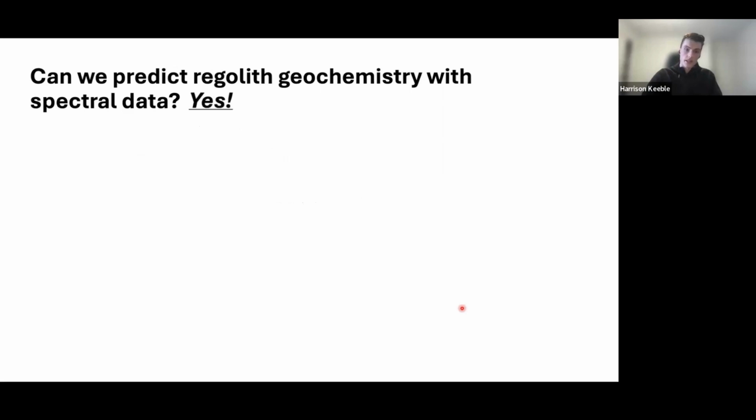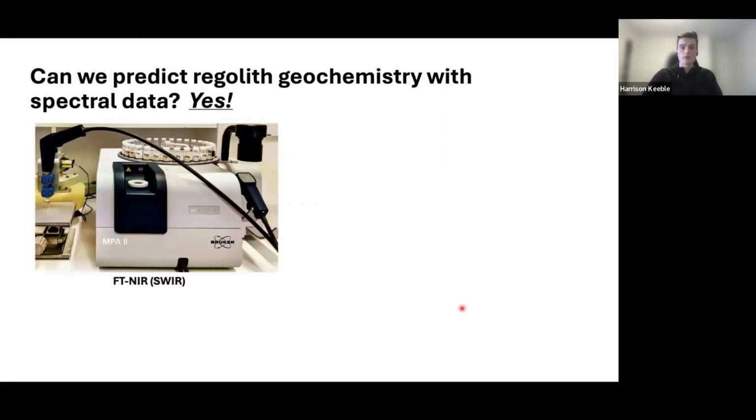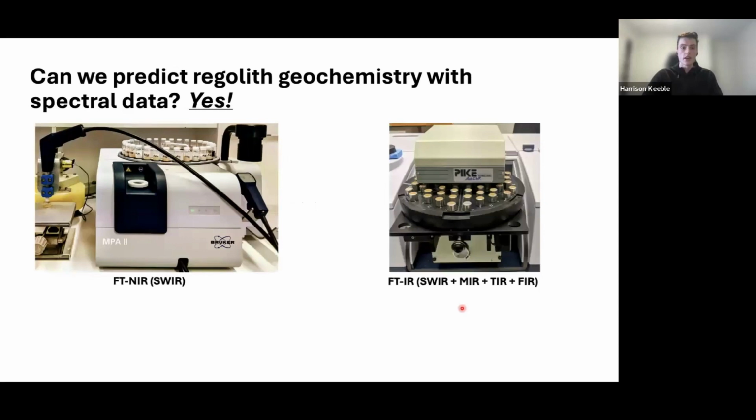The short answer is yes, it's very possible. We did that with two different techniques. We first analyzed with the FT-NIR, which measures the infrared spectrum in the SWIR, and then the FTIR, which measures the spectrum combined across the SWIR, short infrared, middle infrared, thermal infrared, and far infrared.